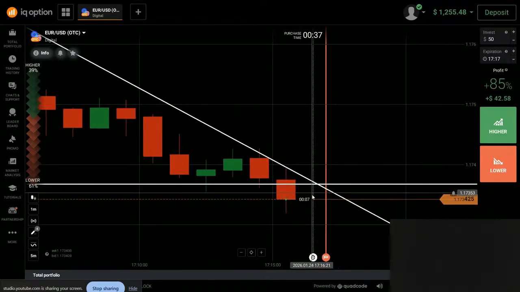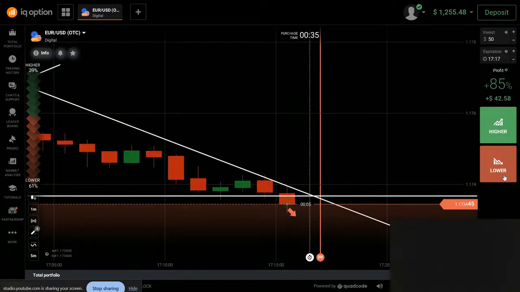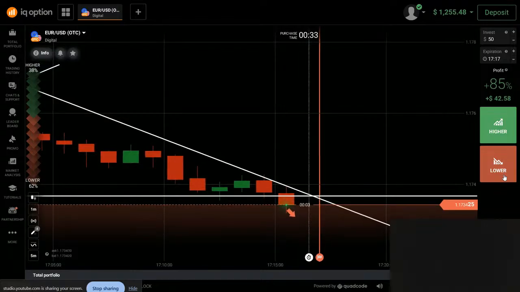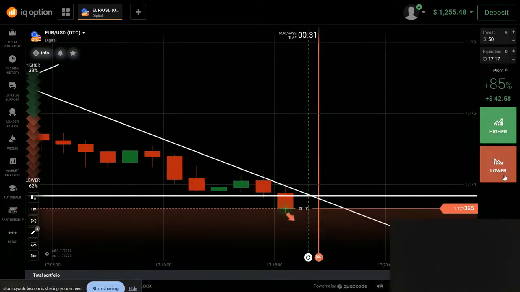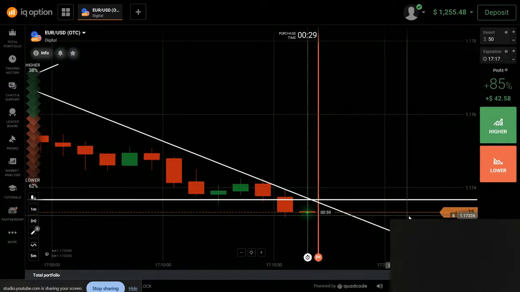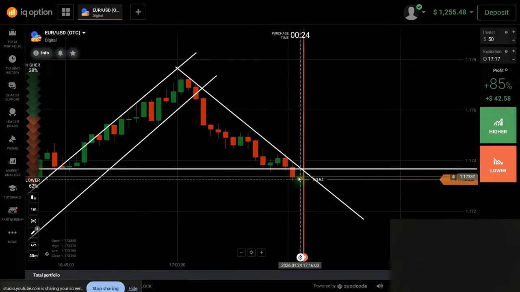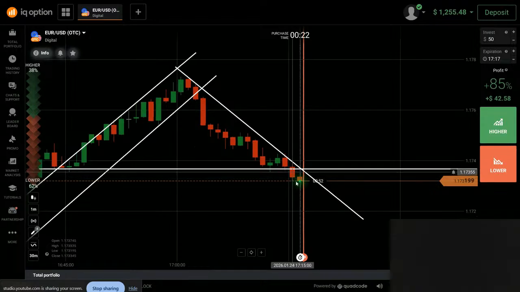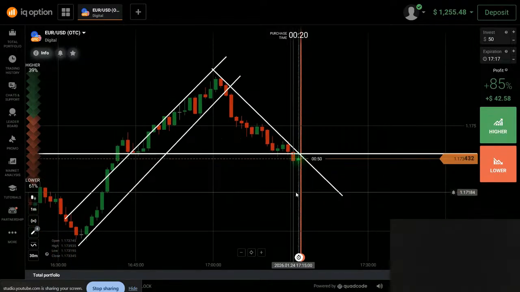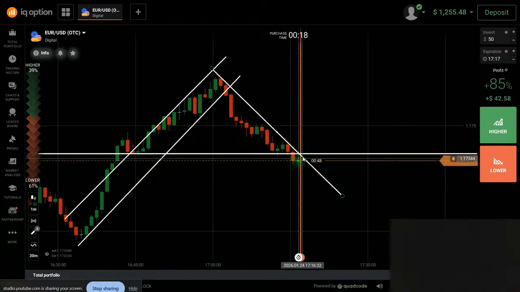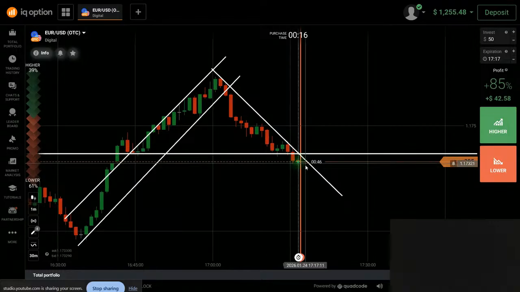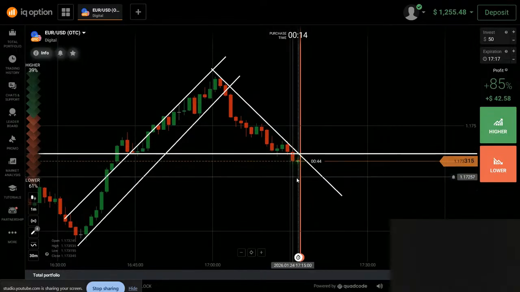On the next candle I will place a put option with good marginal safety. The candle breaks here, but I need a good marginal safety to place the trade. So we are not predicting the next candlestick, we are predicting based on the buyers' and sellers' areas, so that we can take more profits.